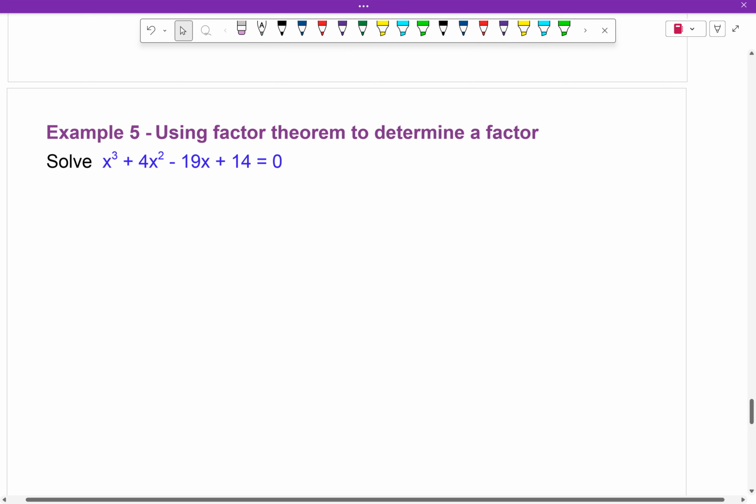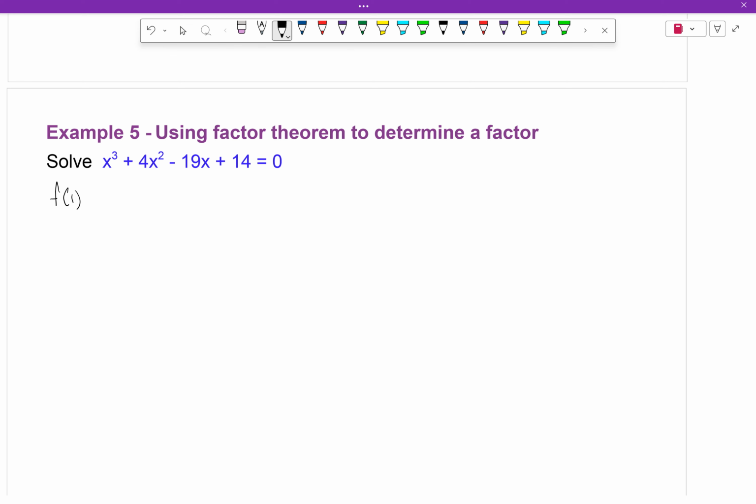Now, using the factor theorem to determine the factor. Now, this one, if you keep using the factor theorem, which I wouldn't suggest, you have to do a lot of trial and error. Okay? But when you see this kind of problem, you must use a mixture of factor theorem and long division. So for example, I'll have a test.